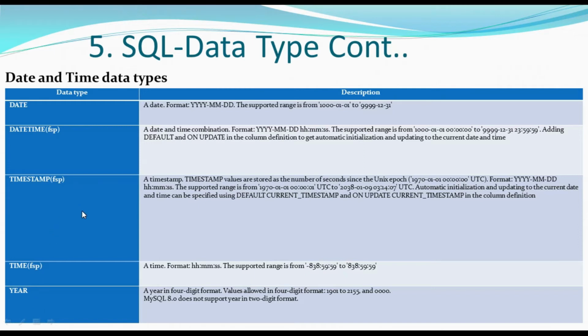So timestamp will give a full detail of time, including the time format, the date, then the hours, minutes, and so forth. So as I said, if you read through the description, you get to understand the various data types.